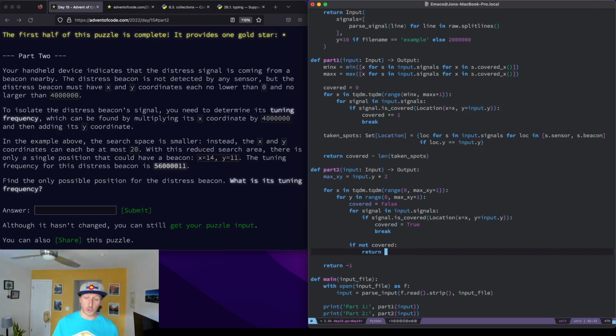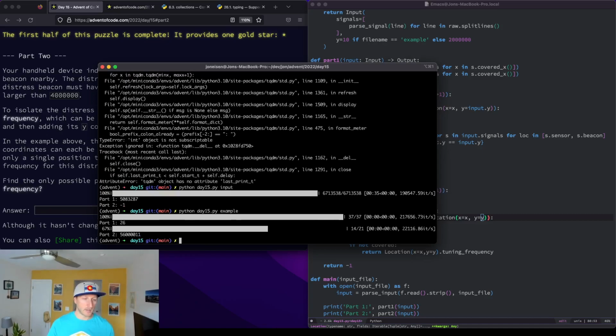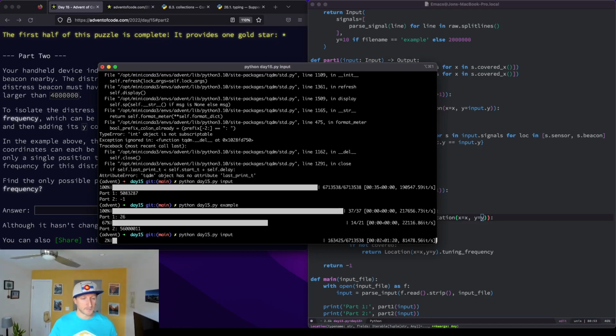And we just return immediately if this position is not covered, and we return the location x equals x, y equals y, dot tuning frequency. And if we run this on the example, it comes back really fast. Yep, that's the right answer, but on the input, it's going to take a while.